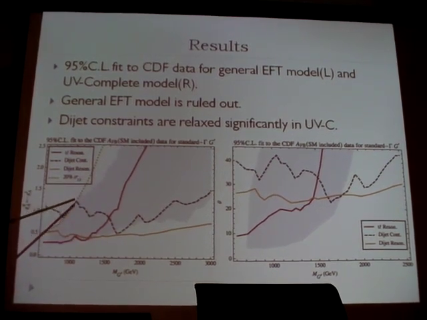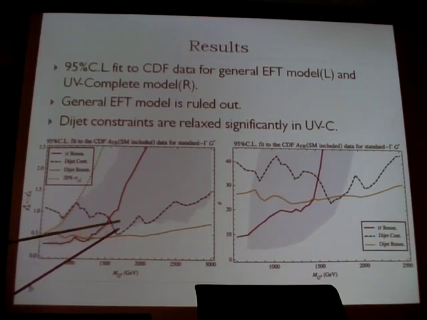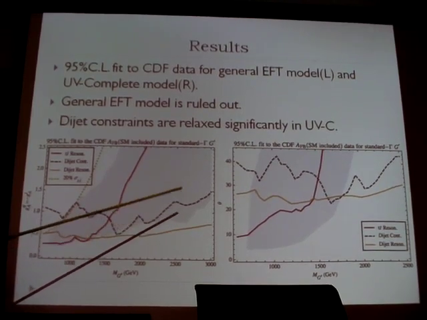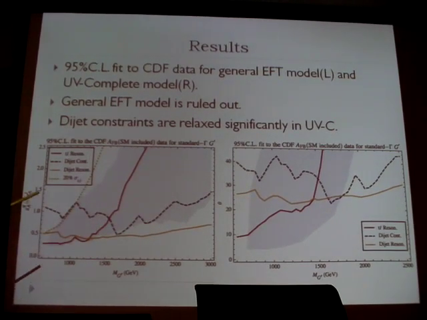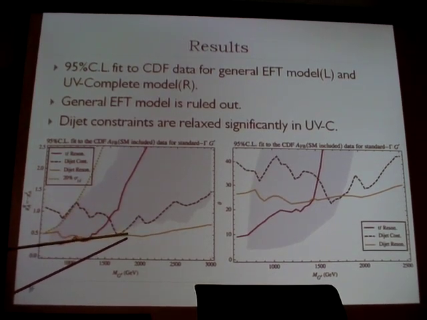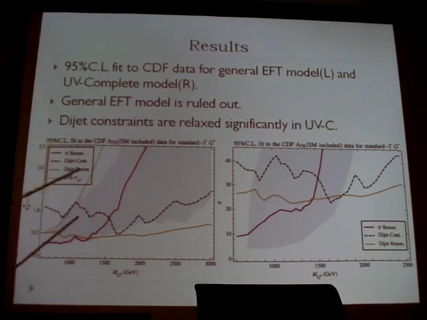The black dashed line is the dijet angular distribution, and the orange solid line is the dijet resonance constraint. So we can see at the low mass region, the t-tbar resonance constraint is the strongest. But when you go to higher mass region, the dijet resonance constraint will be the strongest.